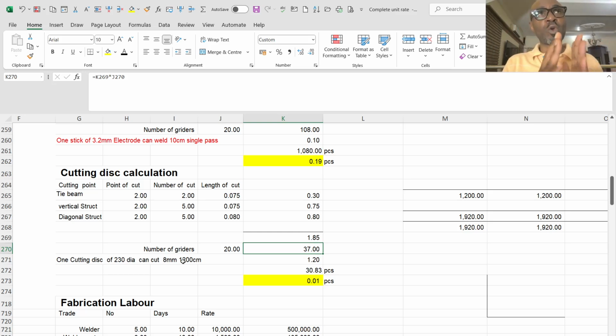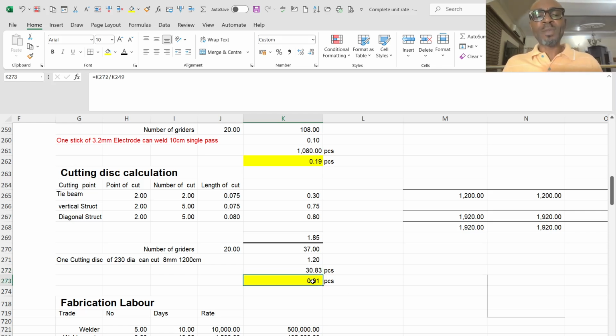The length is going to cut 1.2 meters long of 8 mm thick plates. So I now divided my 37 meters by 1.2, gives me 31 pieces of cutting discs that I'll be needing to cut all the materials I needed to cut during fabrication.